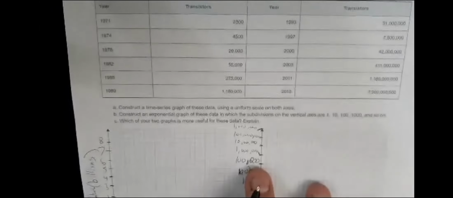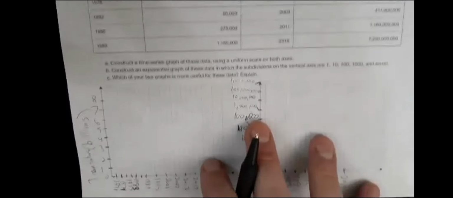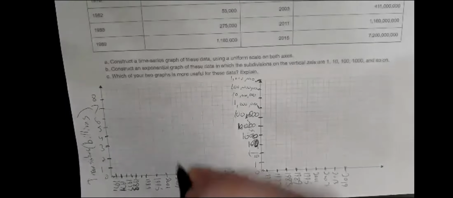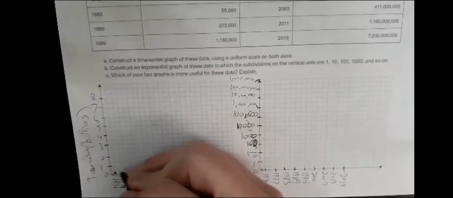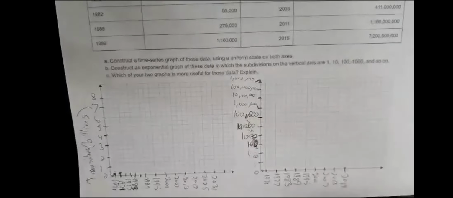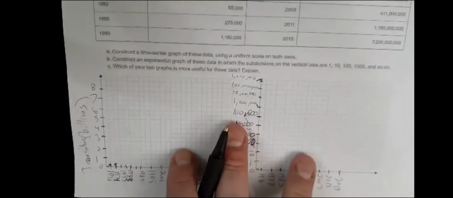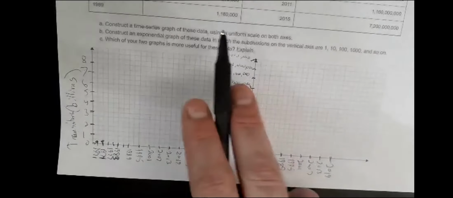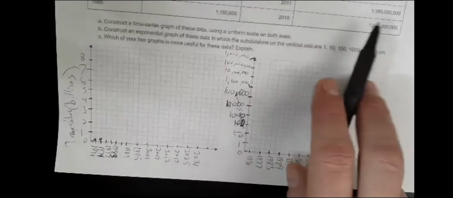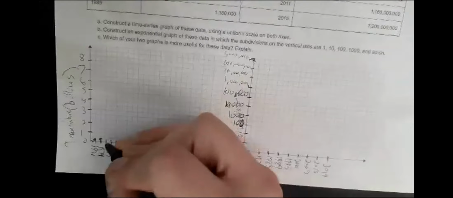Okay, so now I want to plot these. 1971 is going to be around 2,000. These are in billions, so 2,000 is way the heck down here, until I get to a billion. I think they're all going to look like they're way down here.